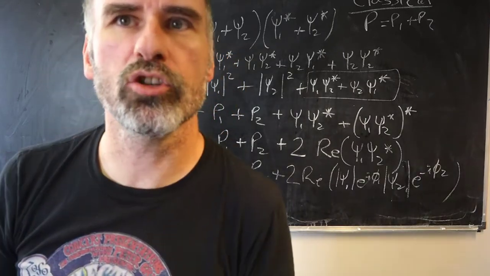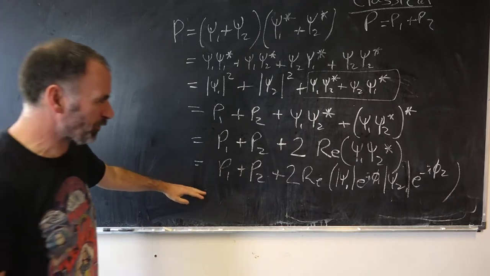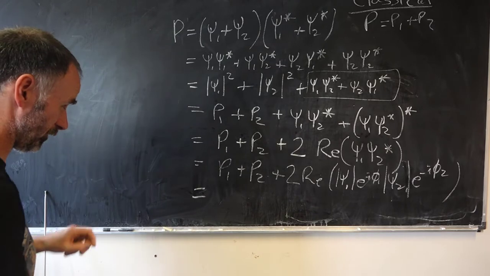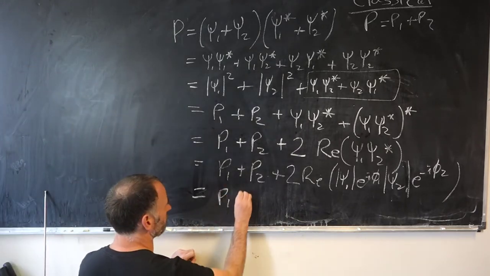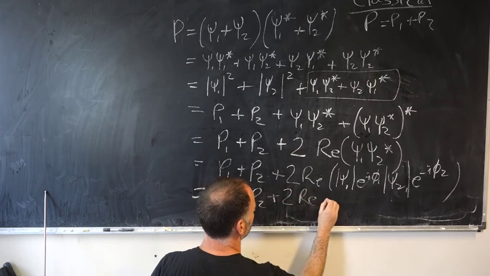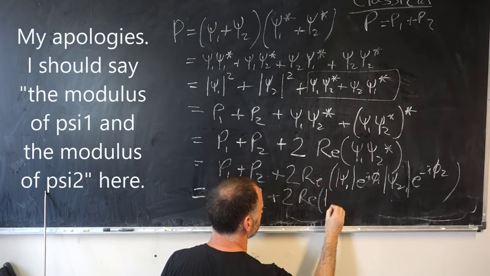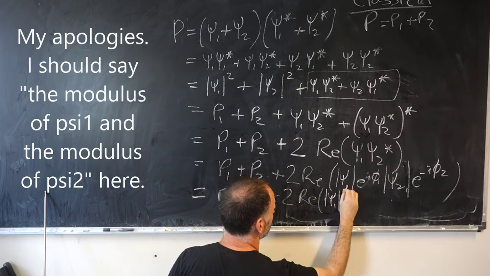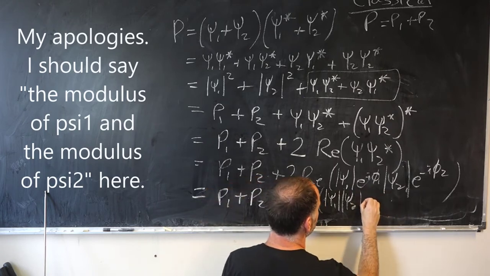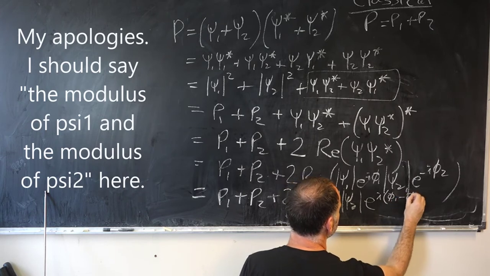It's just about on the board. Yeah, I'm just checking. That's a bit of a mouthful, to put it mildly, but it's going to reduce down to something even more straightforward. So P1 plus P2 plus twice the real part of psi1 psi2, and what's this? This is e to the i phi 1 minus phi 2.